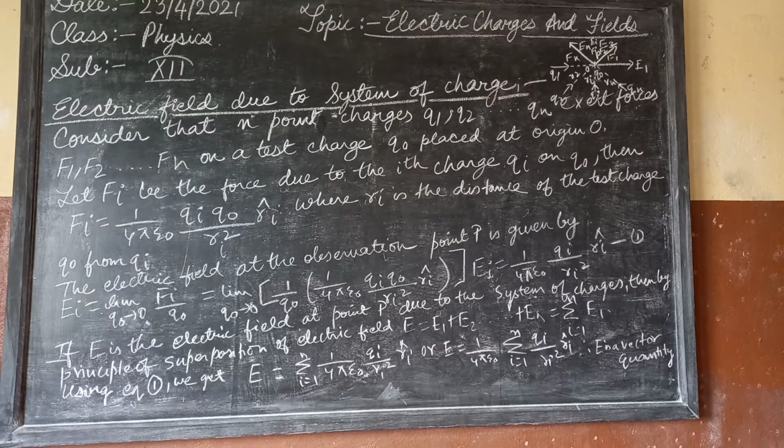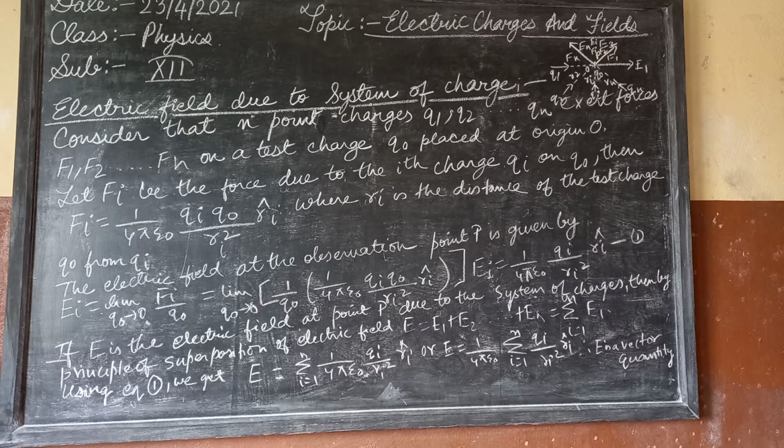Using the first equation, E equals the sum over i from 1 to N of 1 upon 4 pi epsilon 0 Qi by Ri square into Ri cap, or E equals 1 upon 4 pi epsilon 0 times the sum over i from 1 to N of Qi Ri cap upon Ri square.